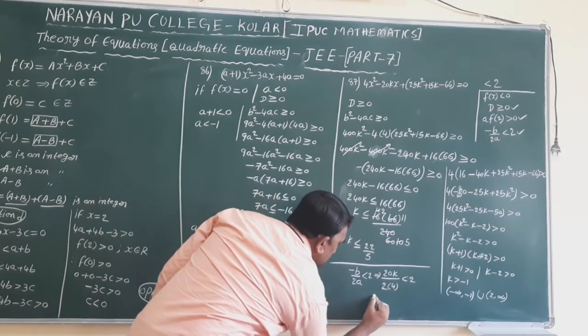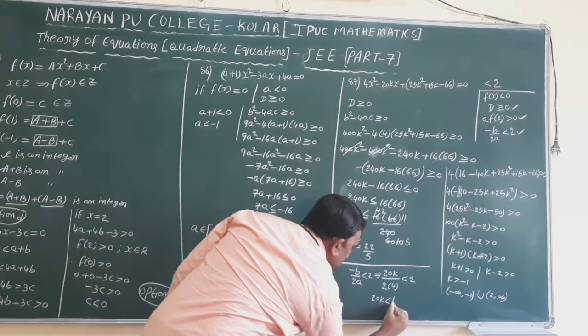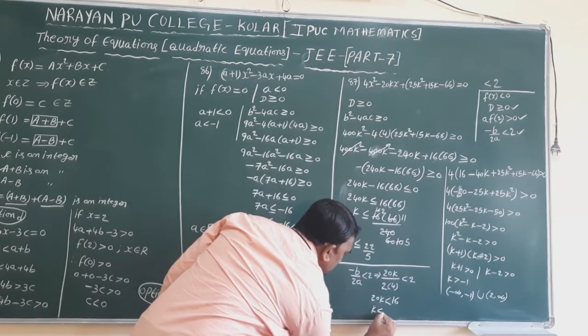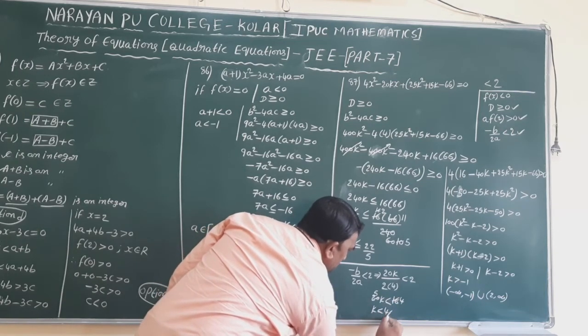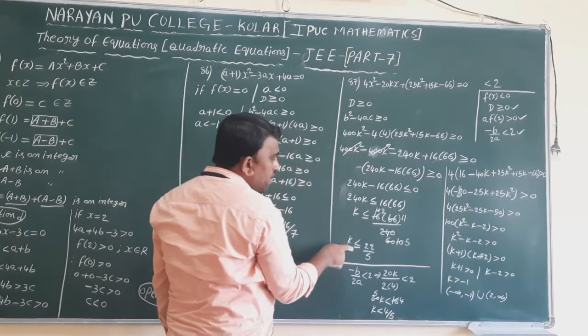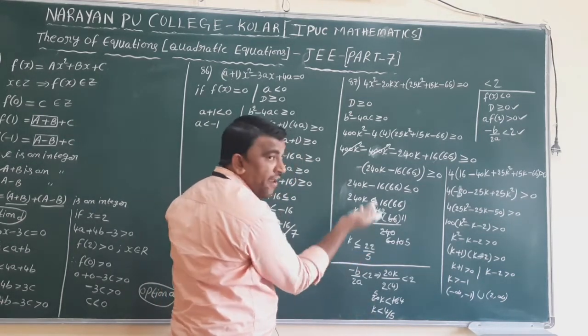So send this side: 20k is less than 4 into 8, 8 is 16. k is less than 4 table, 4 4 is 16, 4 5 is 20, so 4 by 5. But already we got k value is less than or equal to 22 by 5. These two are not equal.